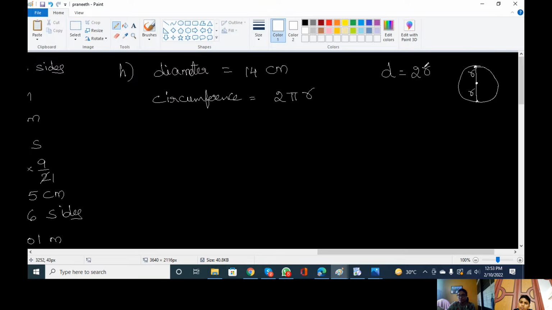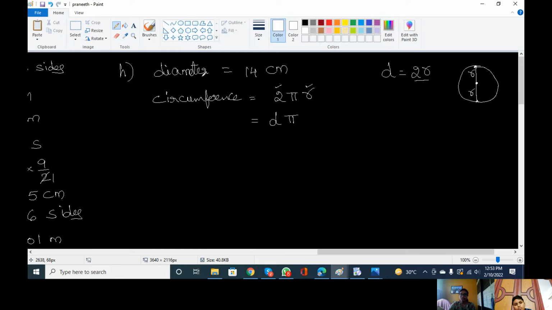Yes? D is equal to 2r. So now instead of 2 and r, you can put a d. Instead of 2 and r, you can write d and pi value pi. What it means?